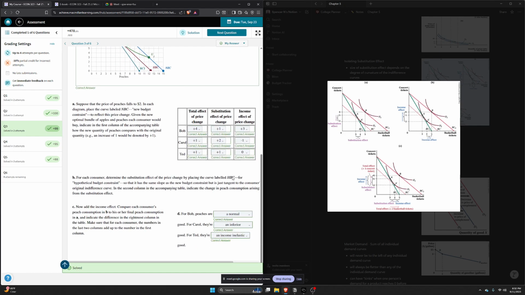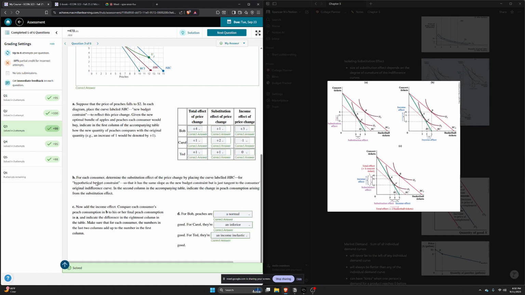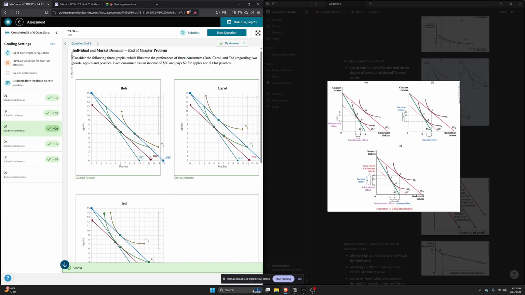And then you draw the HBC line, which is a hypothetical budget constraint. What you're doing is drawing a line tangent to A prime. Tangent, like I said, just means it's parallel to the slope at that point. So you're drawing a line that goes through that point. You wouldn't draw it from there to there, because even though it passes through that point, it's not along the curve, if that makes sense.